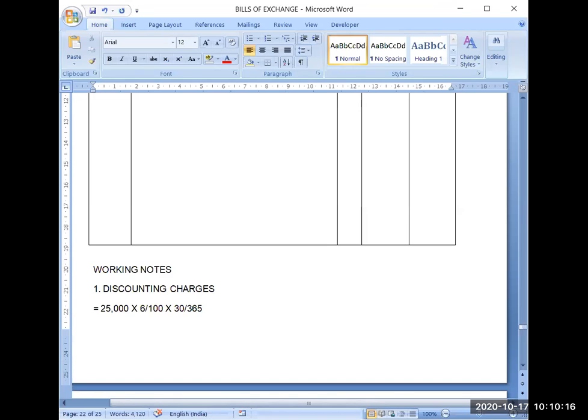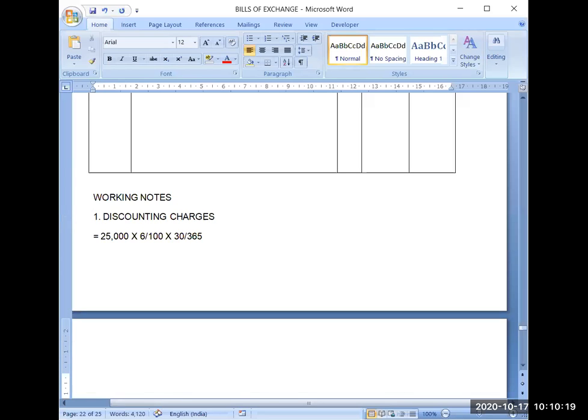So now we have to calculate this. It will be 250 multiplied by 6, because of 100 we have cancelled 2 zeros of 25,000, multiplied by 30 upon 365.